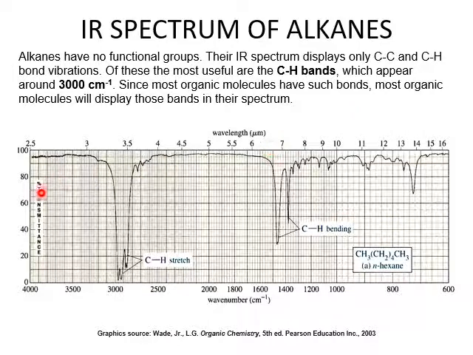So here is an example for alkane compounds. Here you can see we have a CH stretch around 3,000. It's a strong and sharp peak. It's related to the CH stretch in alkane, about 3,000.